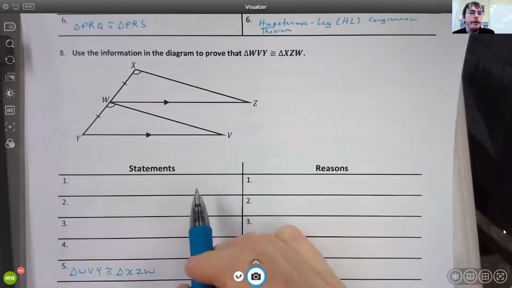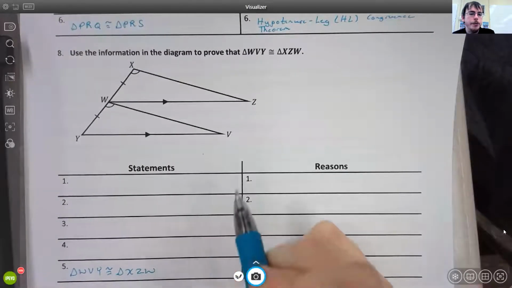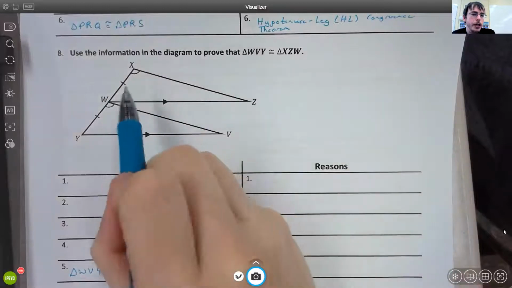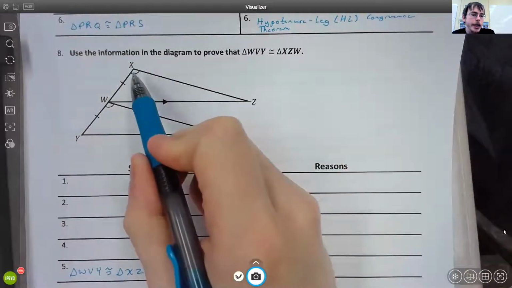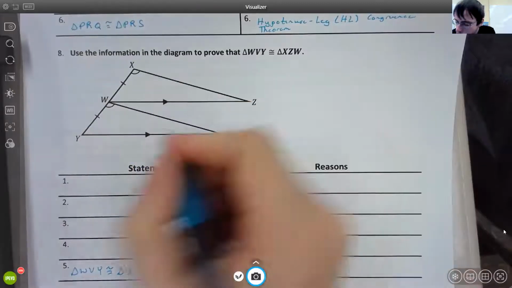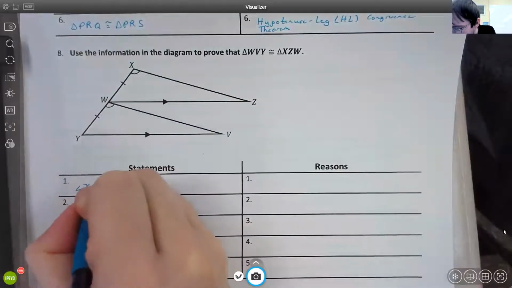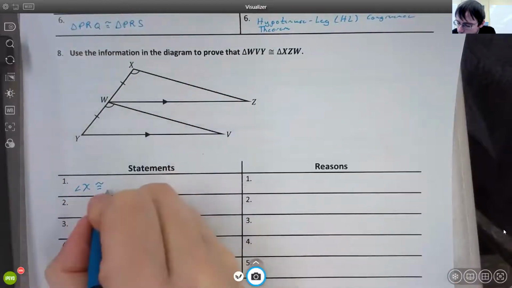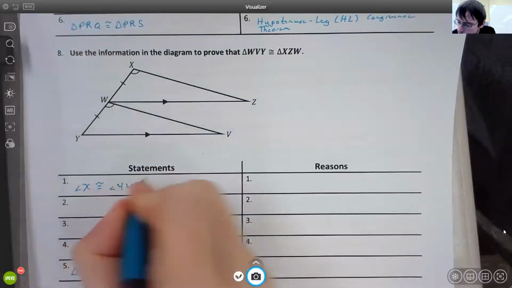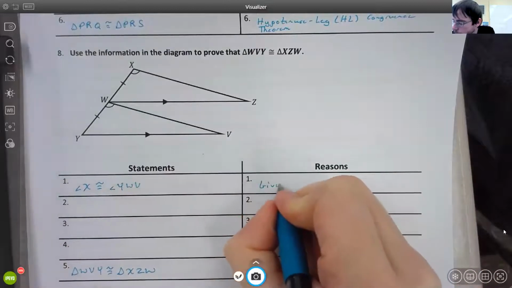Let's see what we have in our problem here. We have some markings here. First off, we're going to notice these angle congruency marks, and we see that angle X is congruent to angle YWV, and this is given in the diagram.